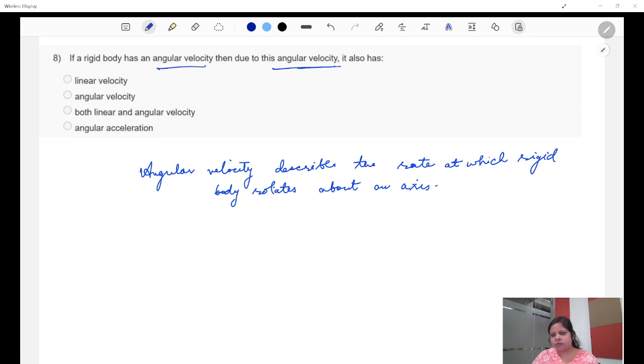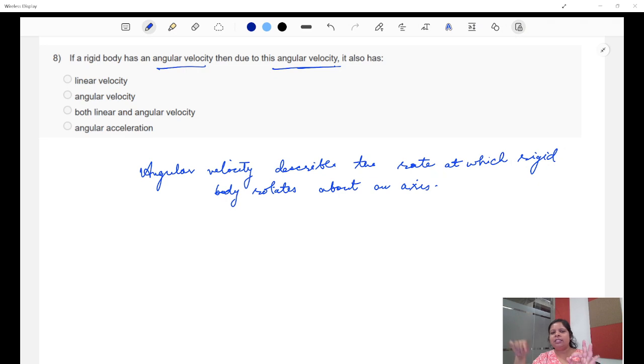Any point on the rigid body except the center of rotation moves in a circular path along the axis of rotation, right?